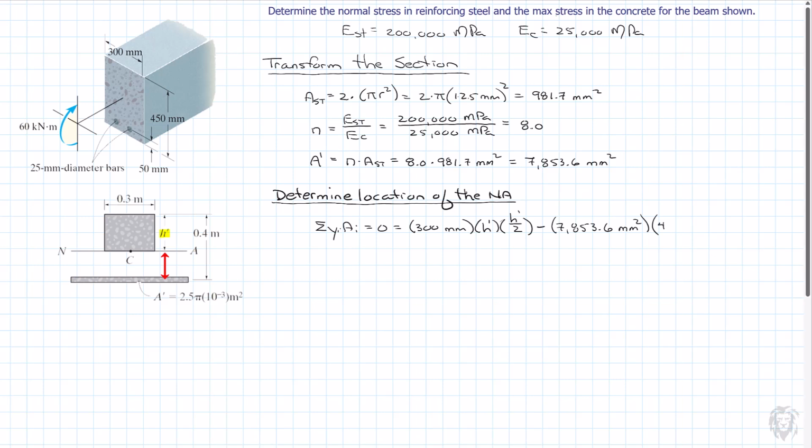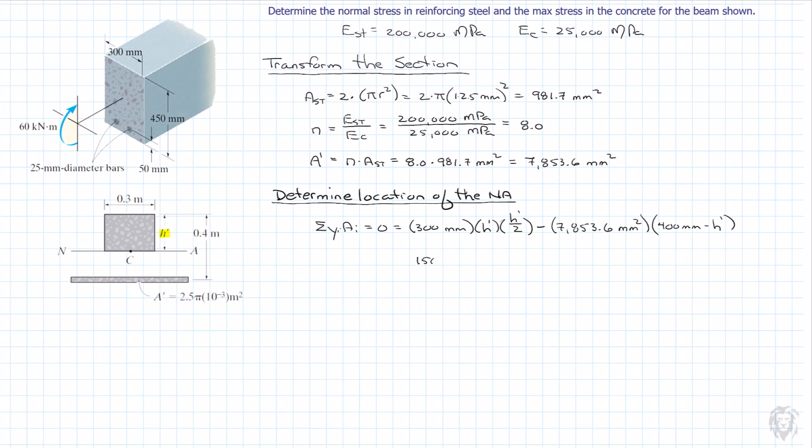So 400 millimeters minus h prime. And so this, we're going to simplify it out. It's going to come to be a quadratic in h prime. So I'm just going to write it out here.